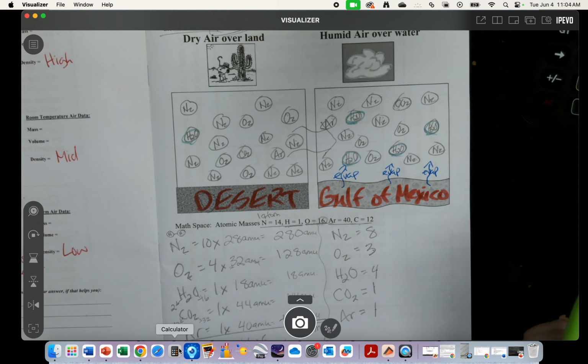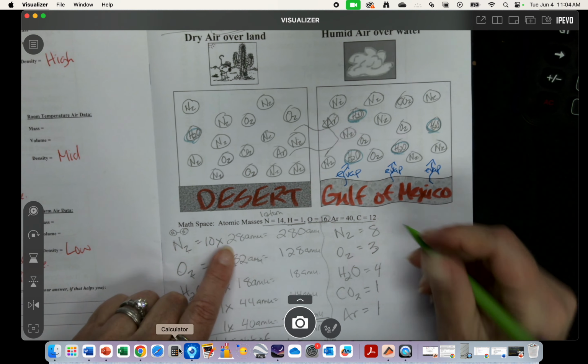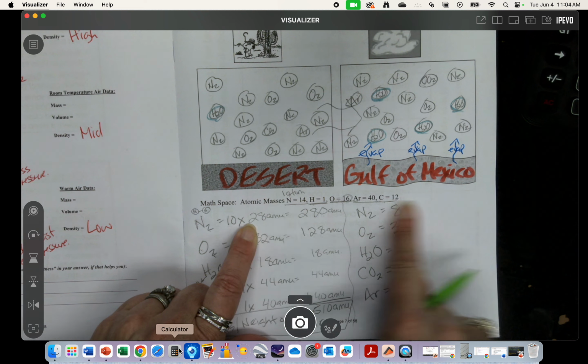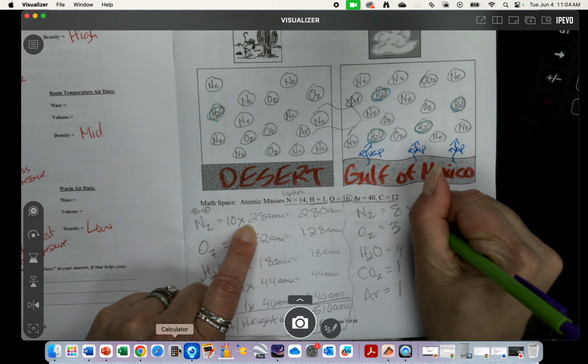Let's redo our calculations. Everyone work on that. So we're just gonna steal it from here. We already figured out what each one's mass is, okay?